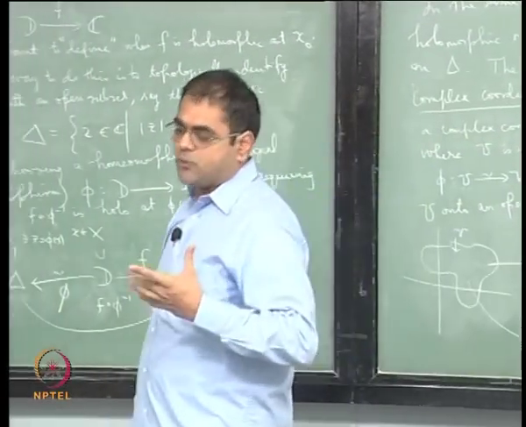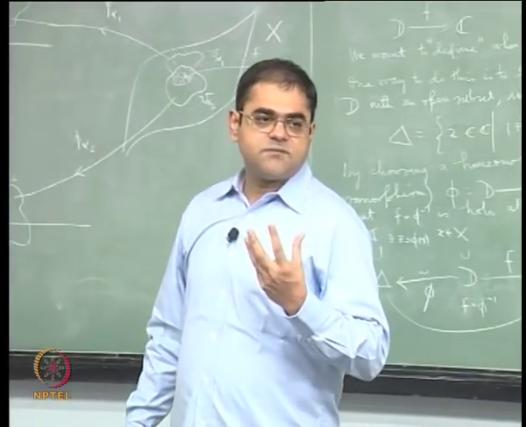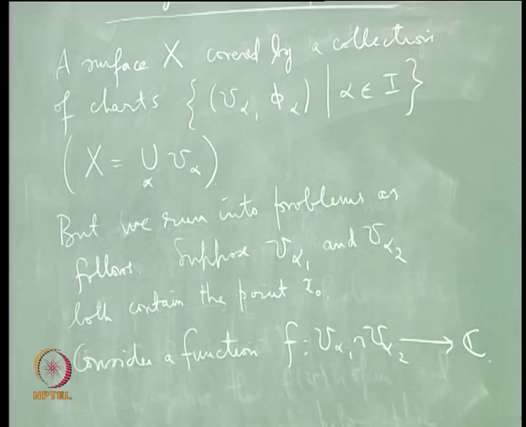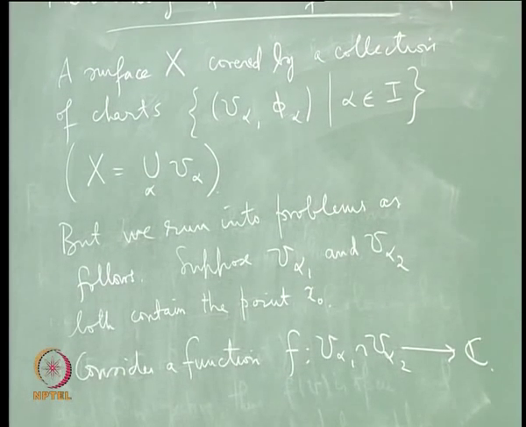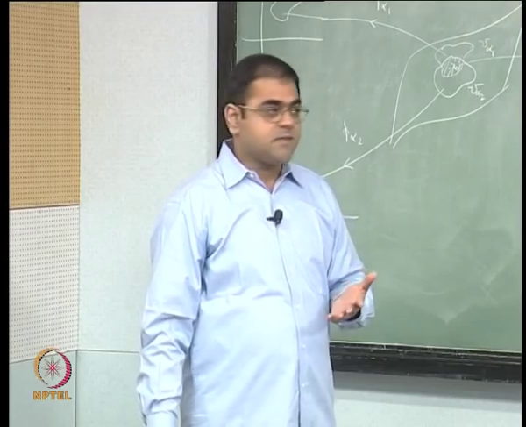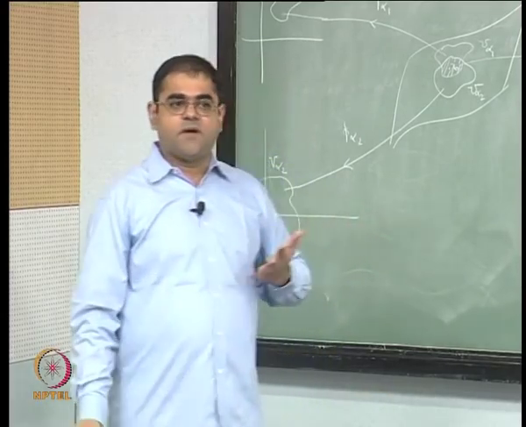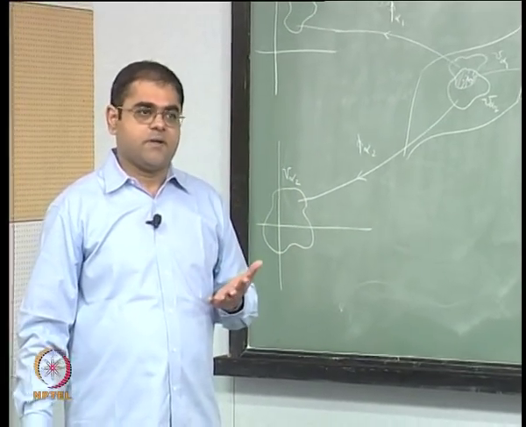So in particular you could have considered a function defined in a neighborhood of the point x naught, and you could consider a small enough neighborhood so that it is in the intersection. And the difficulty we will run into is in trying to decide whether the function is holomorphic at x naught or not. The reason is because we have two ways of defining f to be holomorphic at x naught.